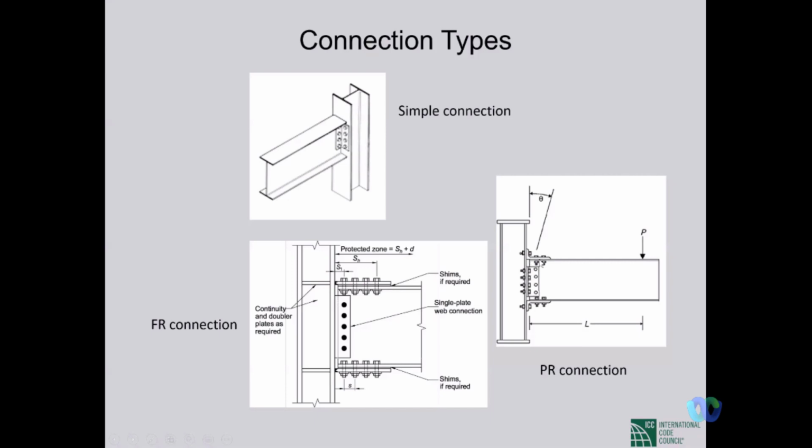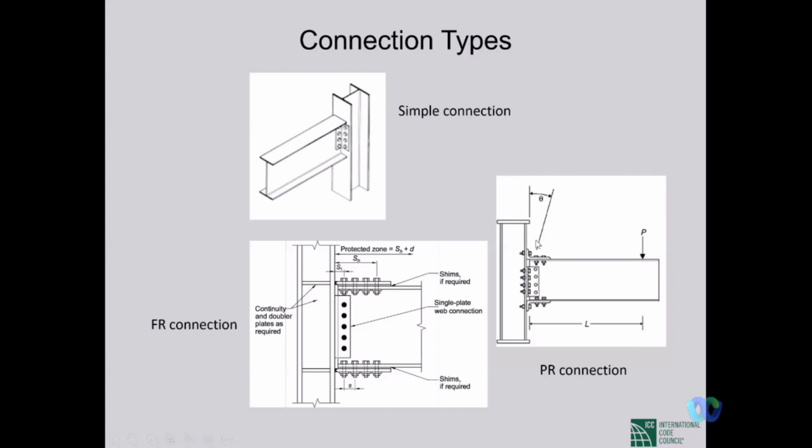But these angles undergo some deformation. When they undergo some deformation, there is relative rotation that is produced, shown here as theta. Relative rotation is produced between beam and column. They are no more rigid. When the angles connecting the beam flange and column flange themselves undergo some deformation, there is relative rotation between beams and columns.